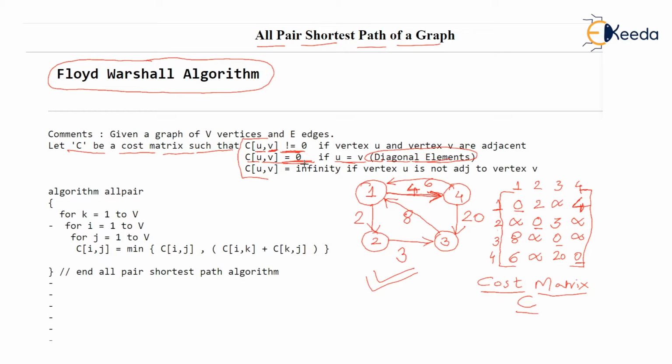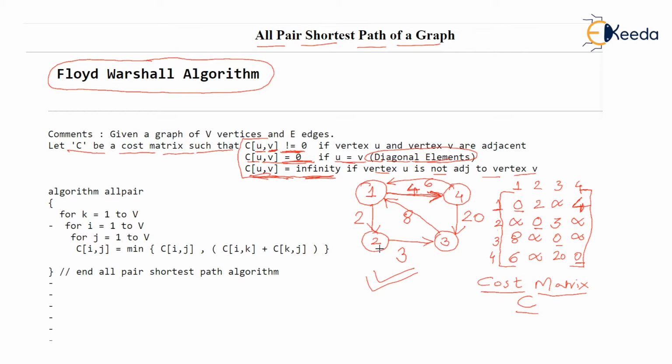And now the major point, the biggest point over here is CUV, U row and V column, is set to infinity, very large value, if vertex U is not adjacent to vertex V. So as you can see in this graph, vertex 3 does not have directed edge to vertex 2. Observe this. Vertex 3 is not having an edge to vertex 2.